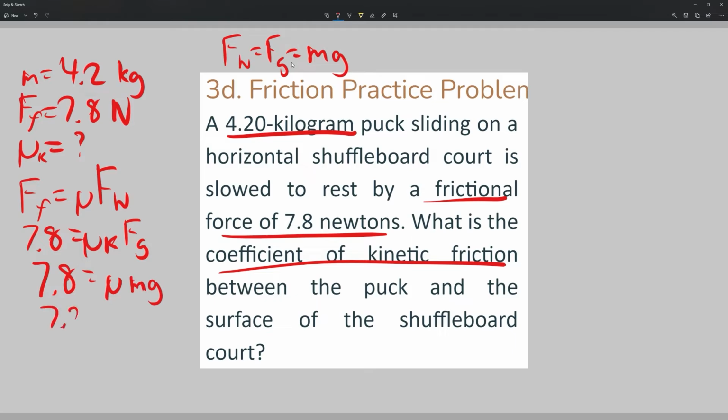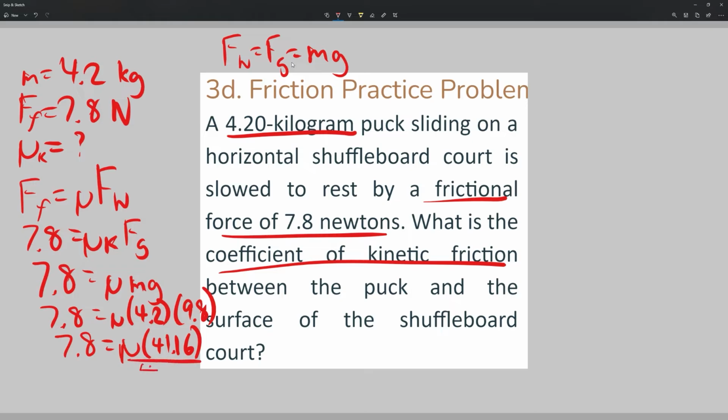And so we keep substituting. Mass is 4.2, g is 9.8. So now 4.2 times 9.8 gives you 41.16.